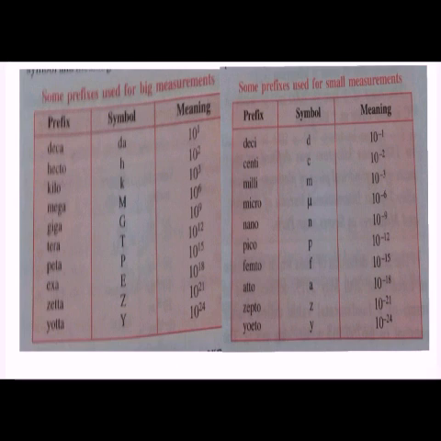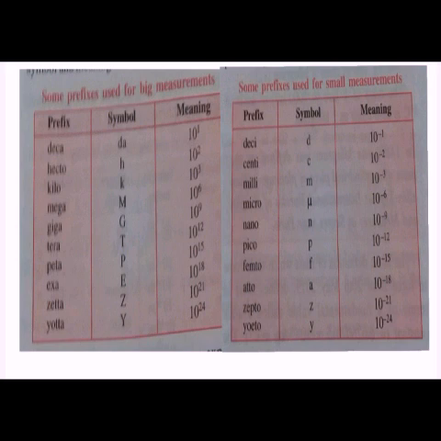Now, use of prefixes with the unit. You can see here, for expressing large measurements we use deca, hecto, kilo. These are called prefixes with the unit, and you can see in the table: deca means 10 to the power of 1, that is 10. Hecto, symbol h, is 10 to the power of 2, that means 100. Kilo, 10 to the power of 3, represented by small k, 1000.